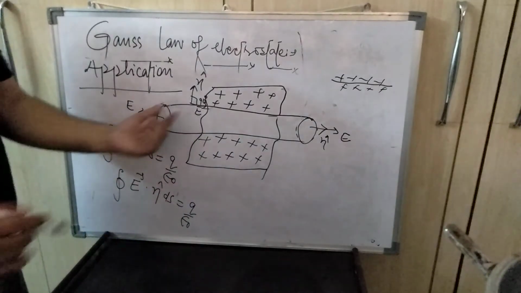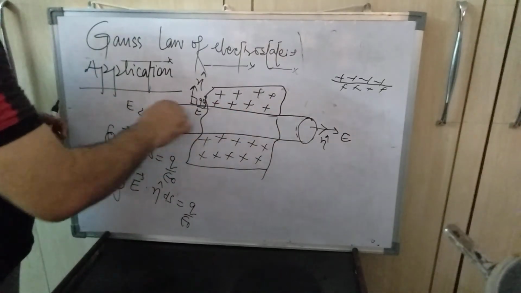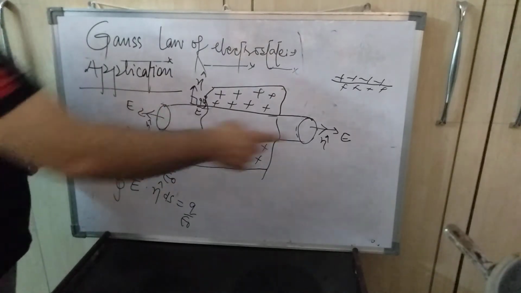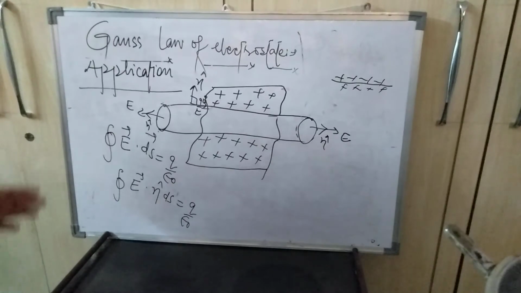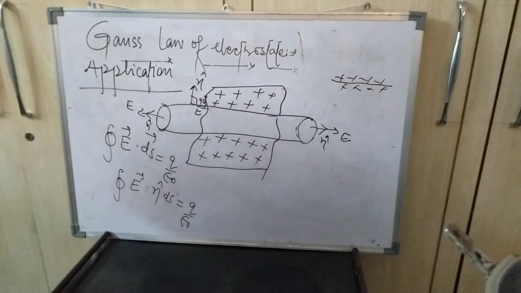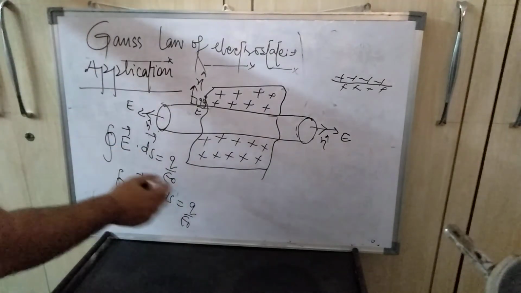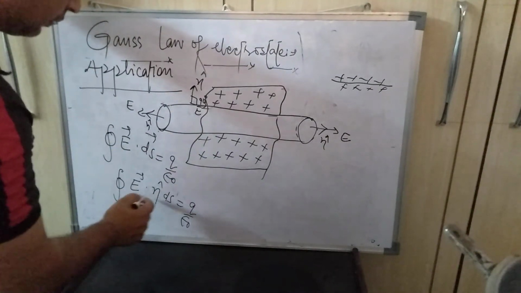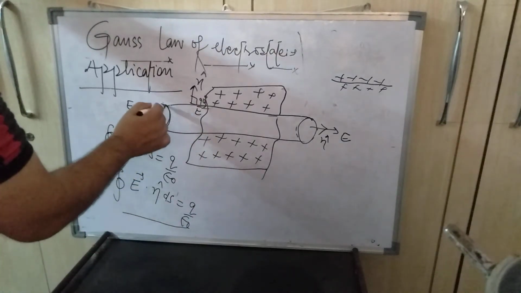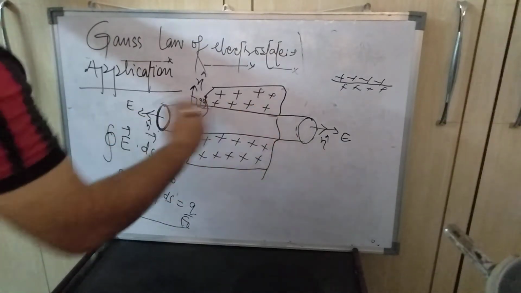That's why the flux will not pass through the curved surface. It will only pass through the two flat end surfaces. On summing both of the surfaces, we have to find the resultant overall field. First we calculate for the single one, then we sum both of them.